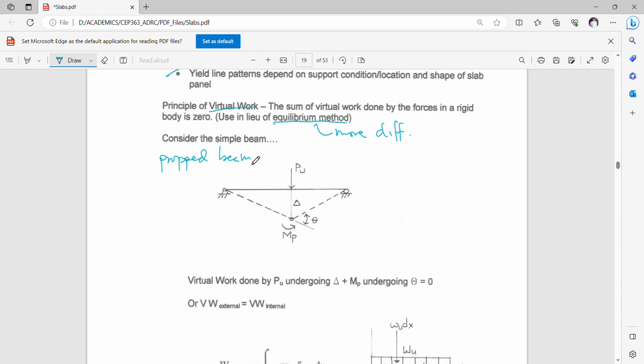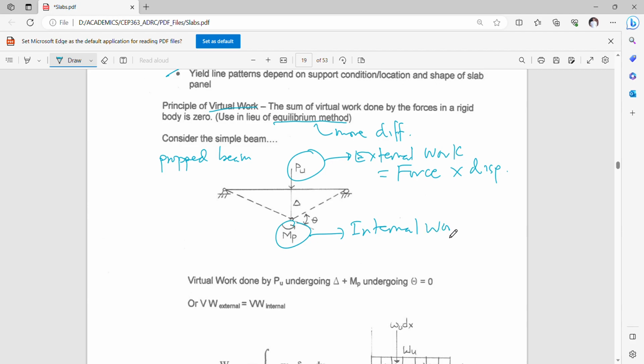So take note that the external work is done by the forces, always, and it's simply equivalent to the force times the deformation or the displacement, while the internal work is done by the moments, equivalent to the moment times the rotation.